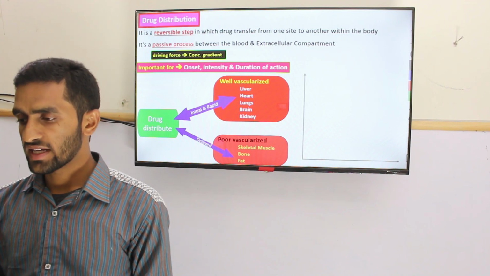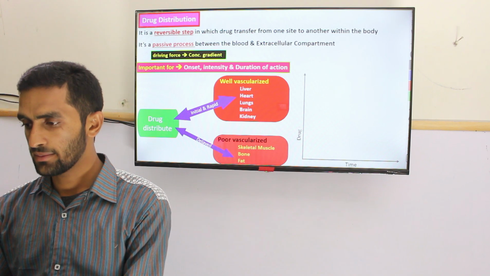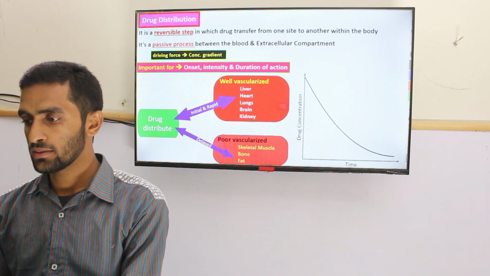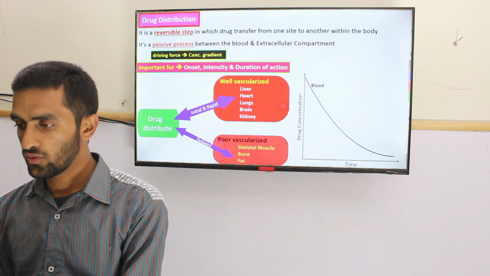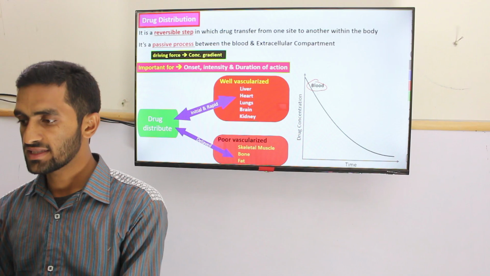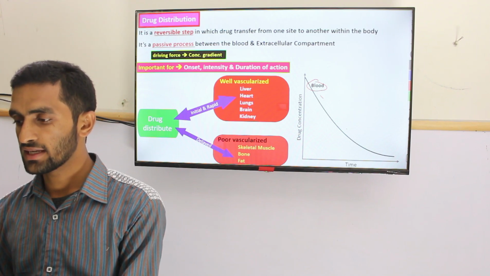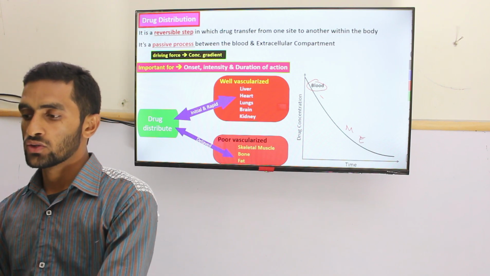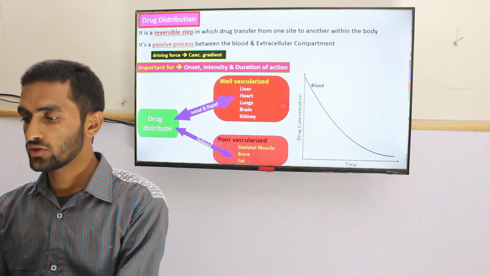If you look at the graphical representation, on this axis is time, on this axis is drug distribution. For example, the drug is coming out of the blood. As it moves out of the blood, first it is distributed, then it is metabolized and excreted. All these processes are going on. Where the blood goes, the drug is going to distribute.